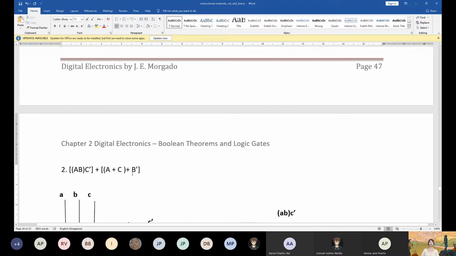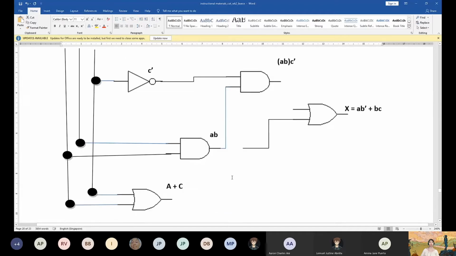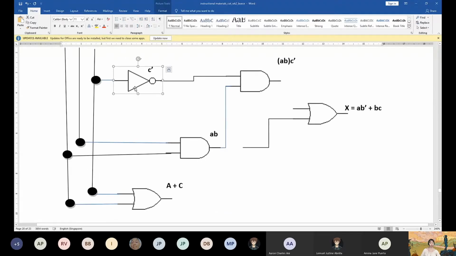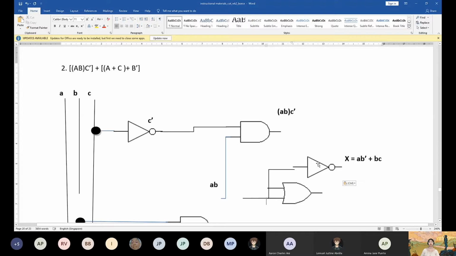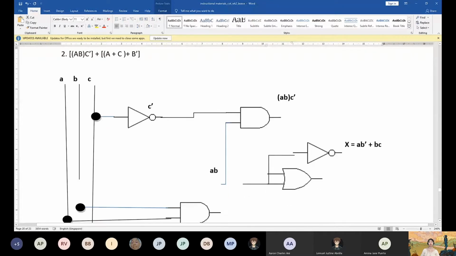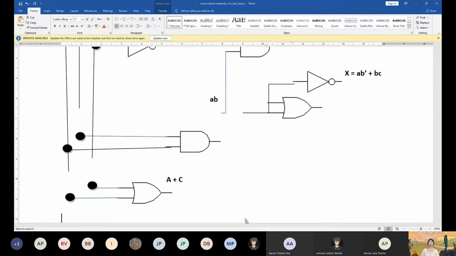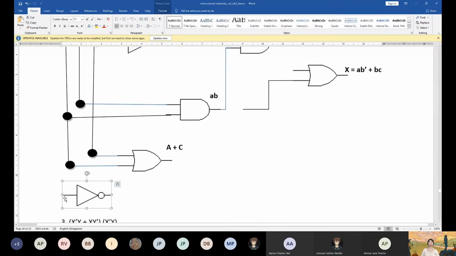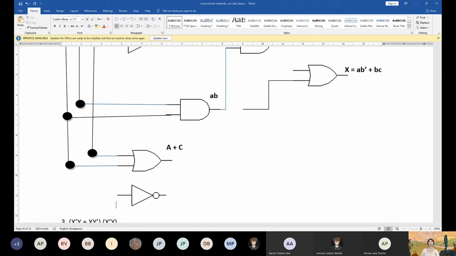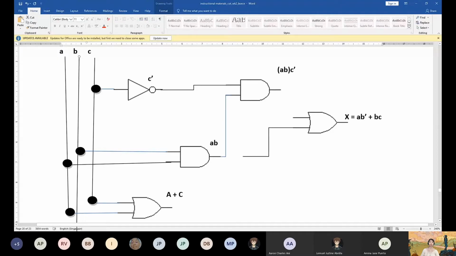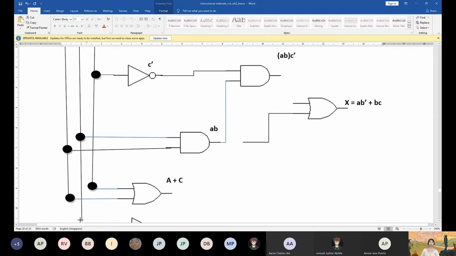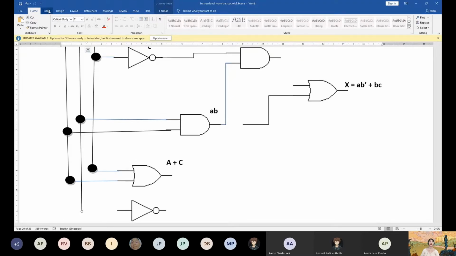Next, we need to have B prime. We have to extend B. Any questions?